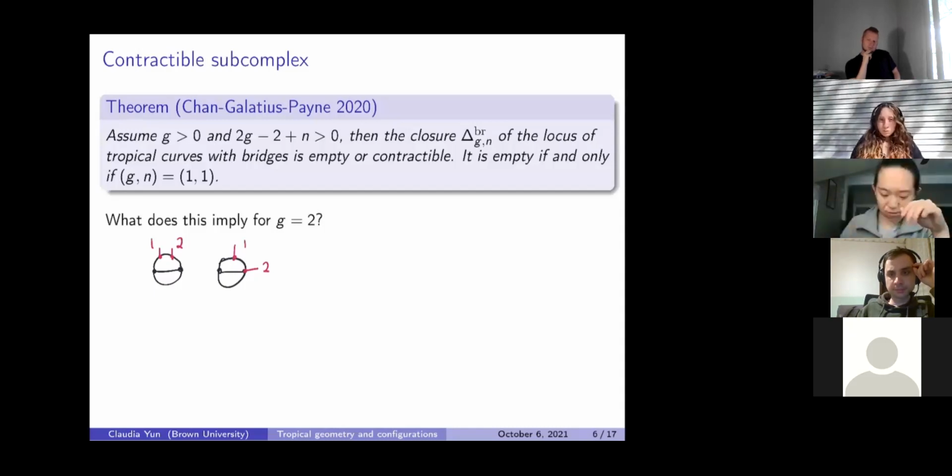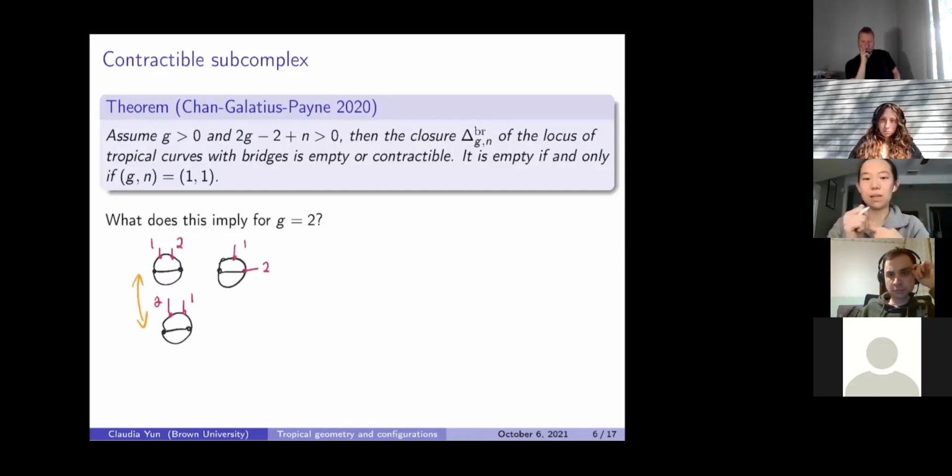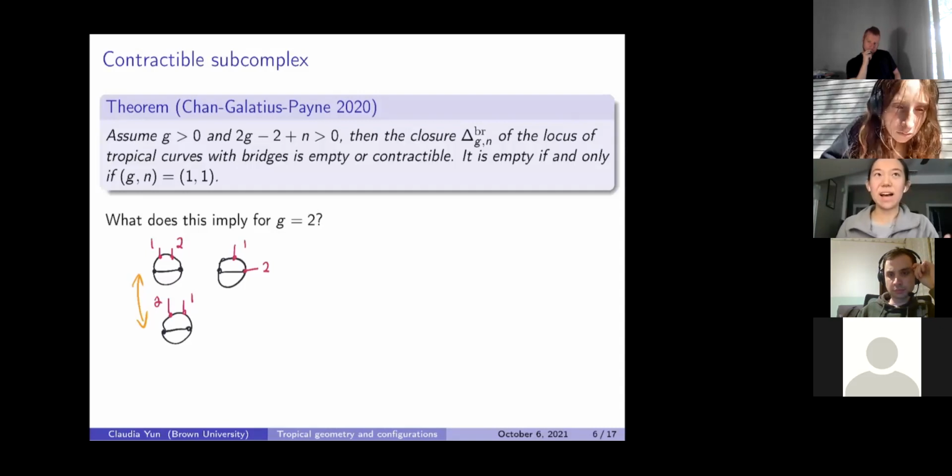For example, if I just switch the positions of 1 and 2, then these two tropical curves are identified to be the same class in delta 2n. However, considered as configurations on graphs, they would be different. And so that's actually the major difference.